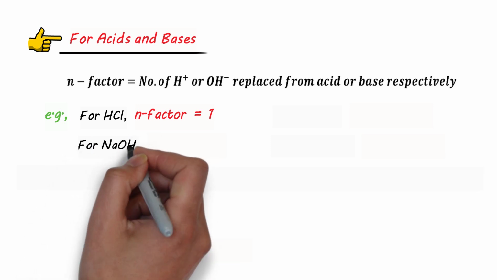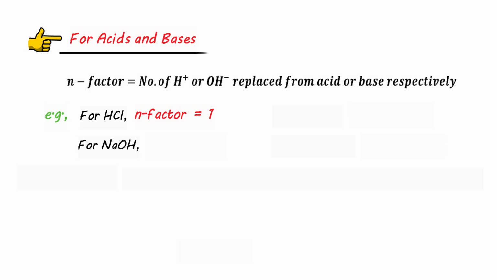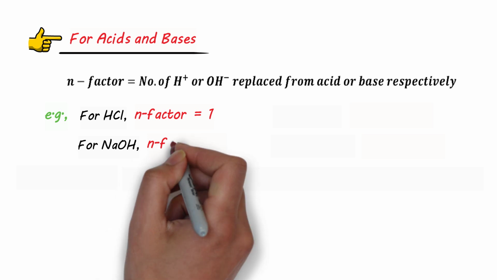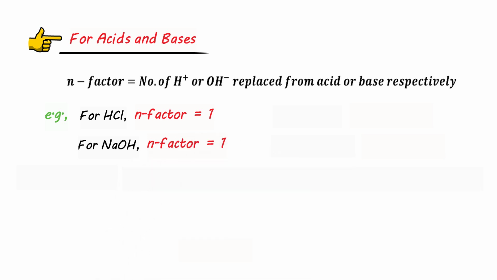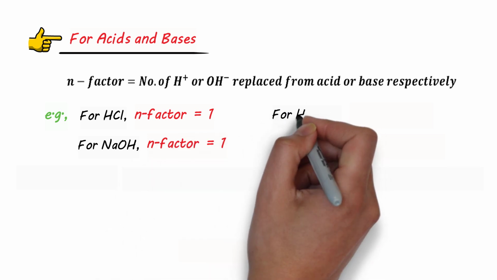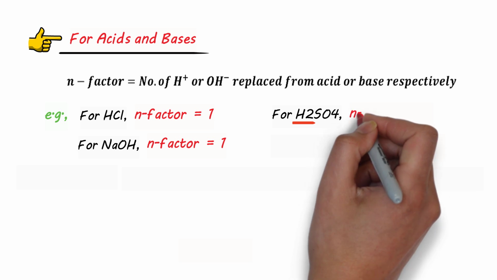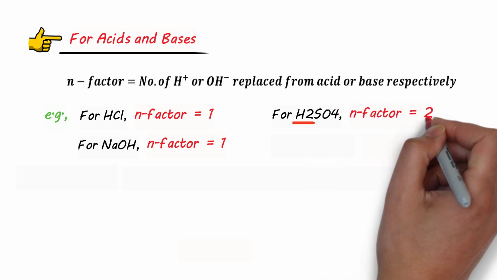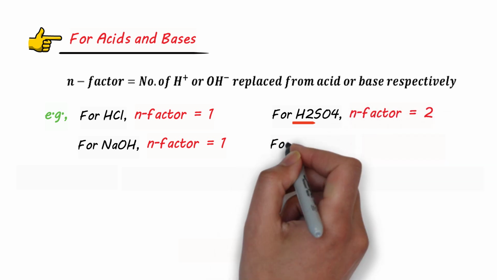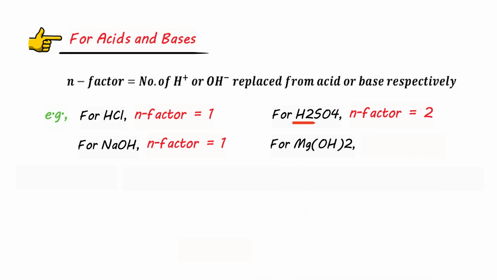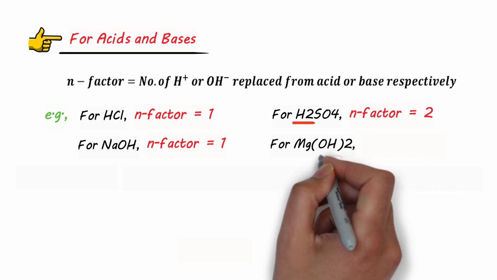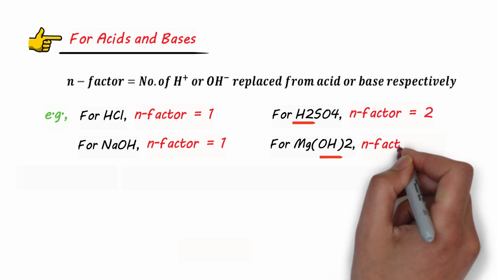Similarly, for sodium hydroxide, NaOH, as there is only one hydroxide ion that can be replaced, so N factor is equal to 1. In the same way, for sulfuric acid, H2SO4, since there are 2 hydrogen ions that can be replaced, so N factor is equal to 2. Similarly, for magnesium hydroxide base, as there are 2 hydroxides that may be replaced, so N factor is equal to 2.